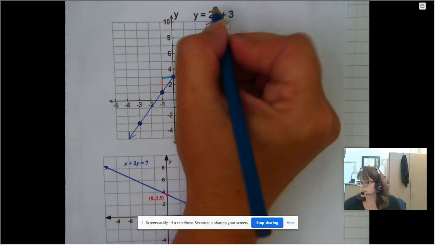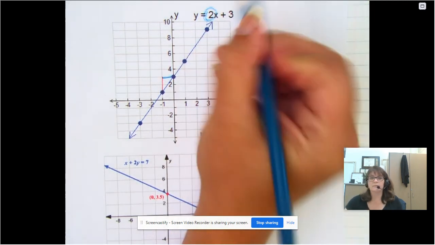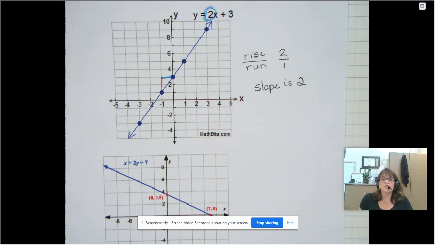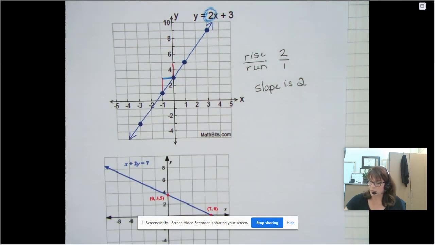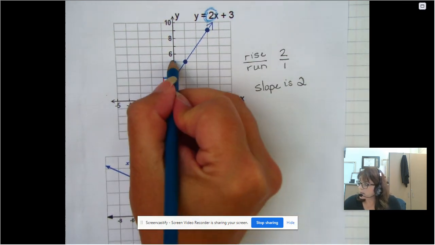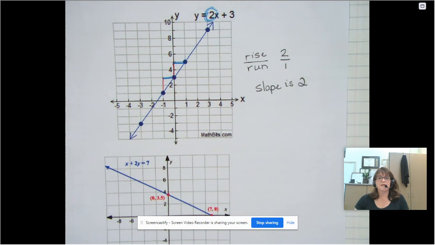Notice, isn't that where slope should be in the formula? Well, let's double check our work. 1, 2, rise. 1, run. Yep, my slope is definitely 2. I'm going to go up 2 spaces or 2 units for every 1 that I go over. And we work up and down, left to right.